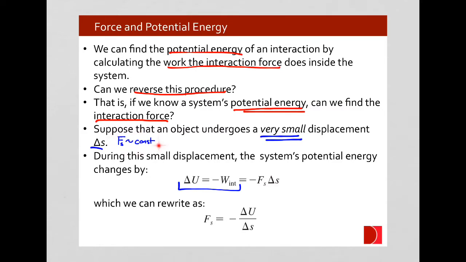And again, we're assuming such a small displacement that we can assume force to be constant over that small interval. Then we can rewrite from this equation, combining these parts, that the force felt by the object would be the negative of the change in potential energy per change in position.